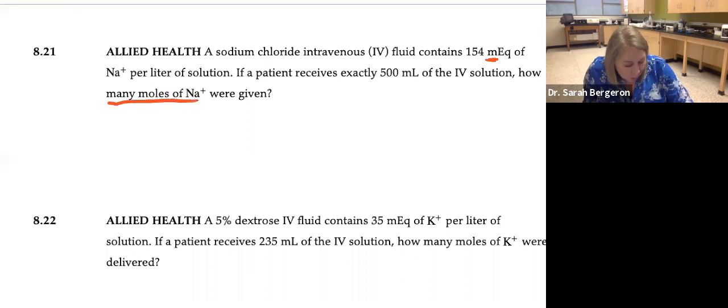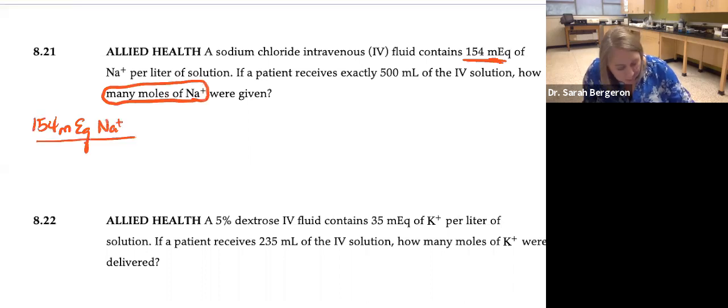So here's our goal. How many moles were given, right? What are we going to start with? We're going to start with our 154 milliequivalents of Na+. All right, so let's see where we're going. I'm sorry, I didn't say per liter, per 1 liter of solution.